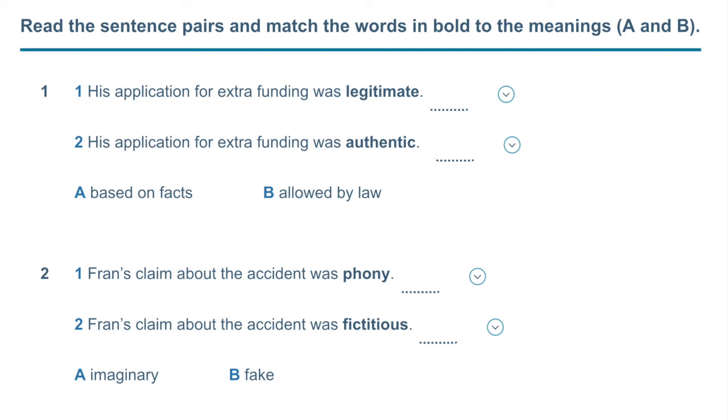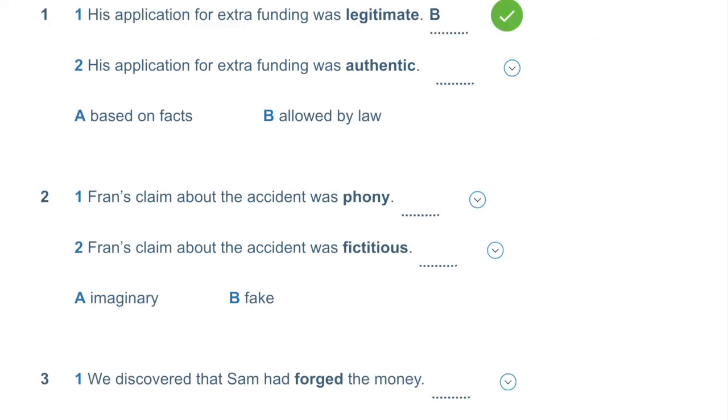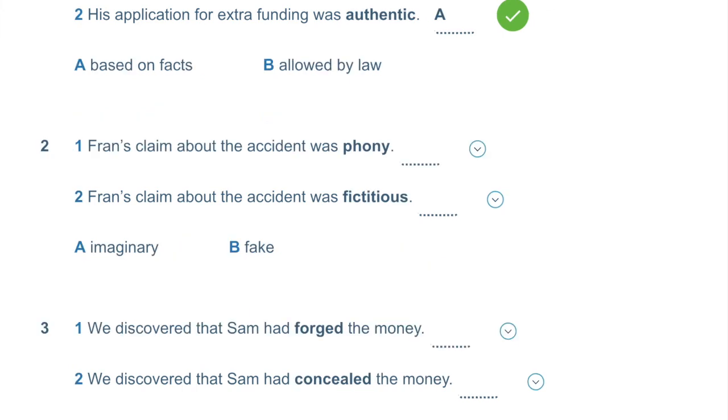His application for extra funding was legitimate. His application for extra funding was authentic. So which one means based on facts and which one means allowed by law? Yes, legitimate is allowed by law and authentic is based on facts. Good. 2.